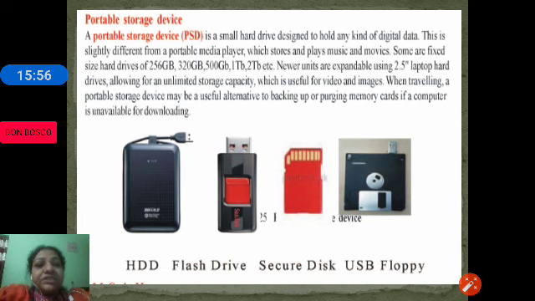As you can see on the screen, the first one is the HDD, the hard disk drive, which is portable and external. You can connect it to USB and use it. Then we have a flash drive, which you generally refer to as a pen drive. Then you have memory cards, and then USB floppy disks.